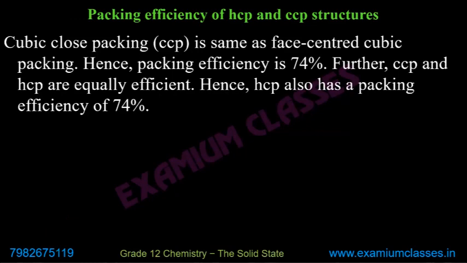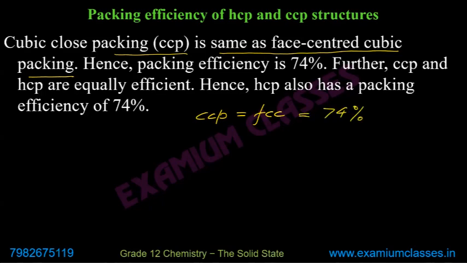The closed cubic packing is the same as face centered cubic packing. Remember, CCP is equal to FCC. So packing efficiency in case of CCP or FCC is 74%. CCP and HCP are equally efficient.